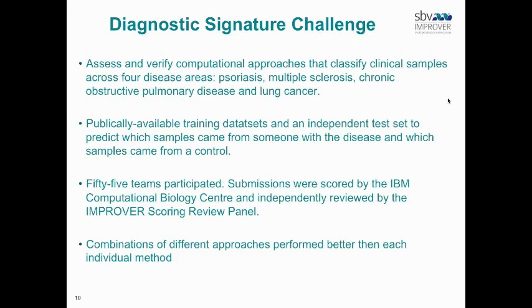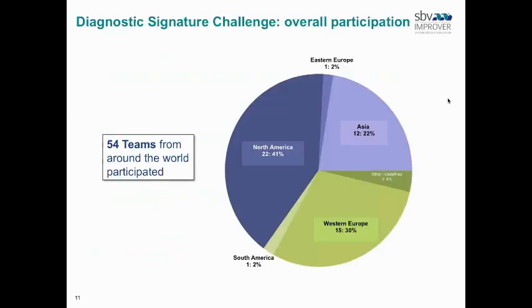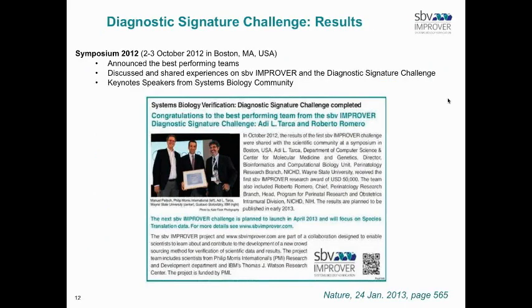Another important take-home message was that how the features were selected for analysis made a bigger impact on the accuracy of prediction than the methods selected for sample analysis. As I mentioned, there were 54 teams from around the world, and the result of this challenge was published, and the winning team got a prize.